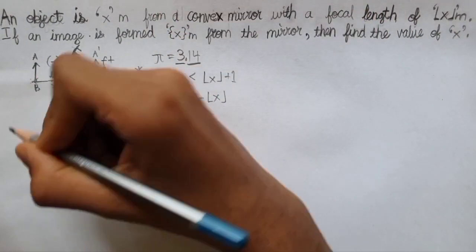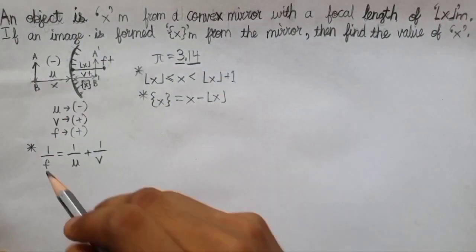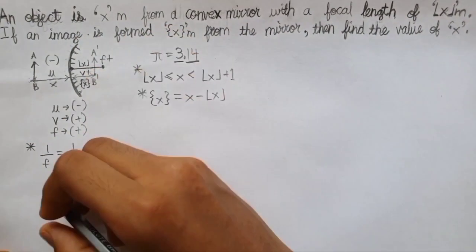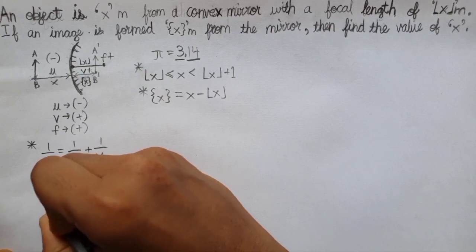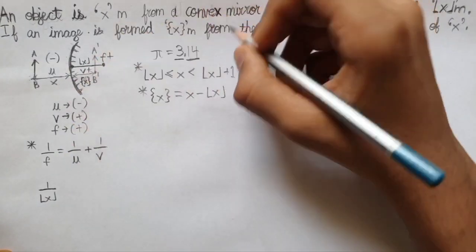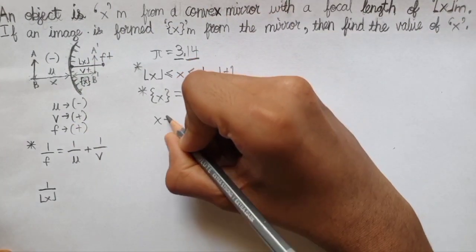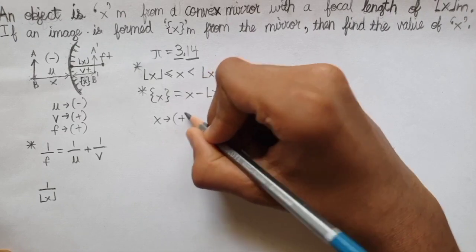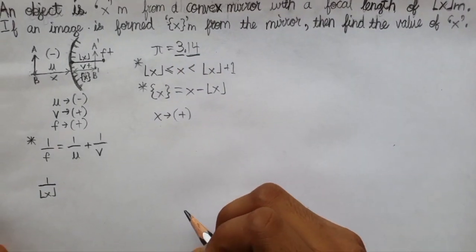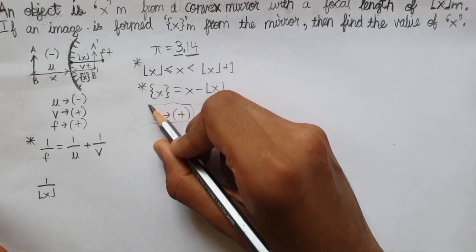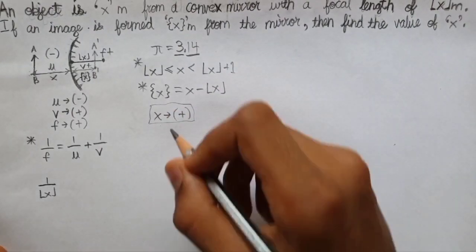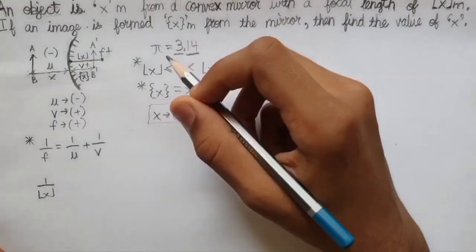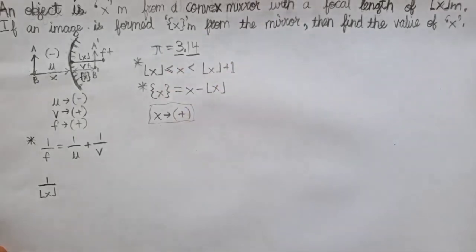And this is another one for the physics part. So since our f is floor of x, 1 by floor of x, and by the way, since x is the distance, x should be positive. So this is an important point we have to remember. And if the x is positive, then the floor of x also has to be positive.